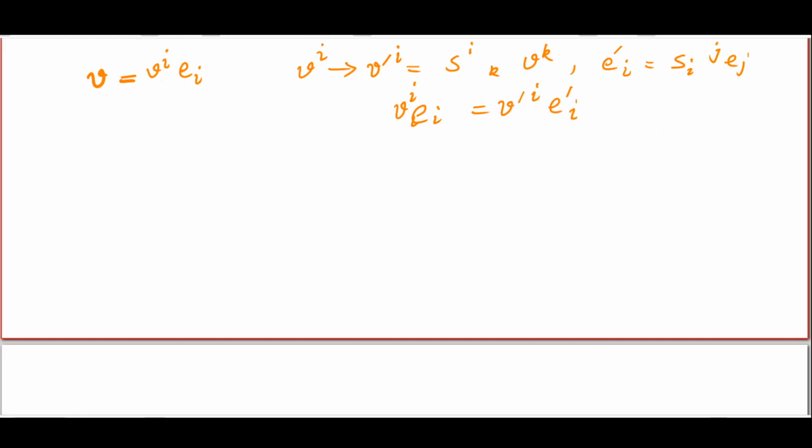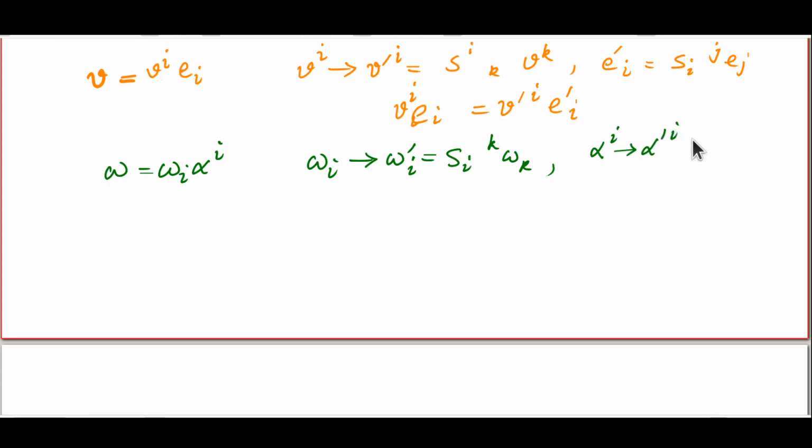Exactly the same thing happens for a covector. Omega is omega lower i alpha upper i. Omega lower i will transform under a coordinate transformation to omega prime i given by S lower i upper k omega k, and alpha i will transform to alpha prime i, which is Sik alpha k.